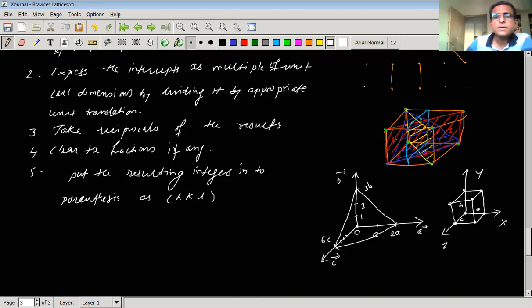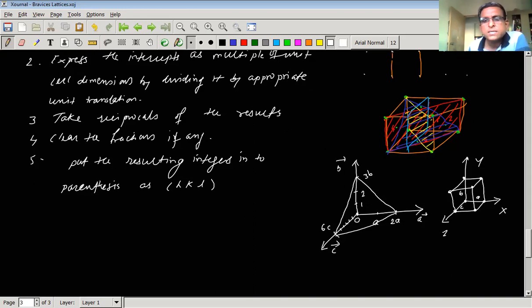So for example, here the unit vector along the x-axis is A. So A is up to this only. If we see here, the plane under consideration intercepts the x-axis at 2A. Similarly, the same plane intersects the y-axis at 3B, and suppose it intersects at 6C.